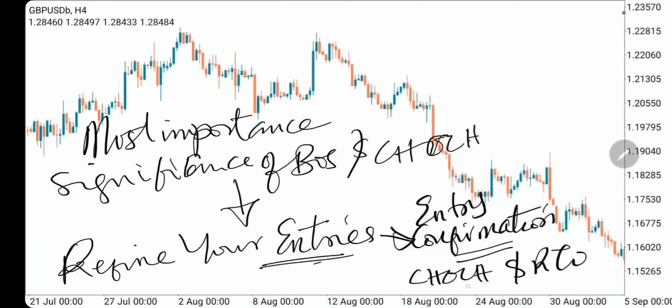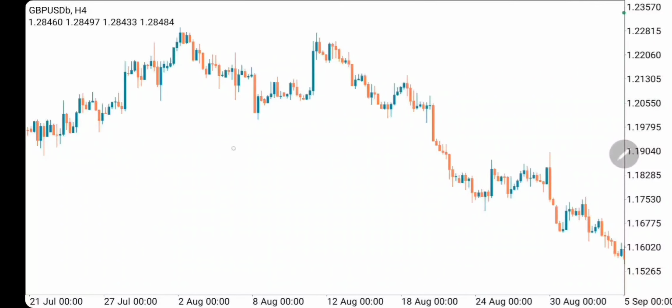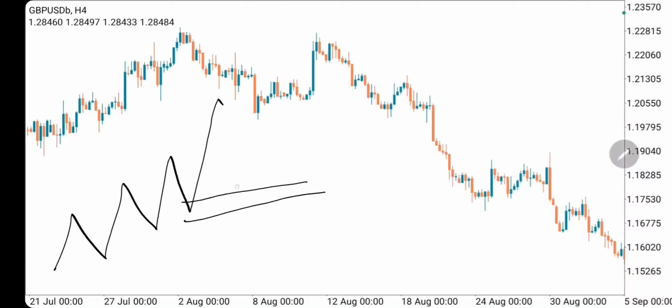What do I mean? It means that you have, for instance, this setup, and maybe you want to get into a trade right here for a retracement, and the market does something like this and comes to this place.